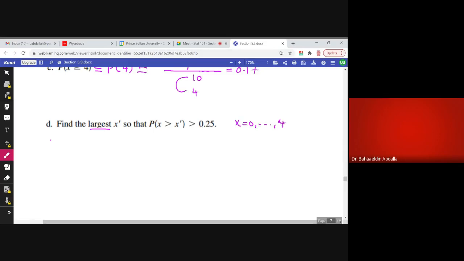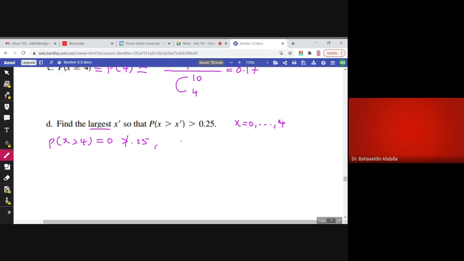I can start from 4. What is the probability that x is greater than 4? X cannot be greater than 4, so it is 0. 0 is not greater than 0.25. So this is not good. Okay, 4 is not the answer.